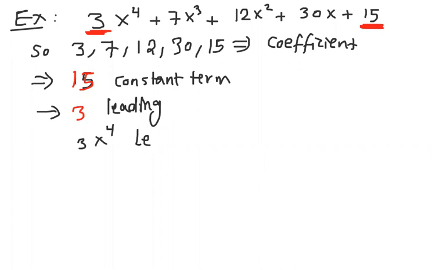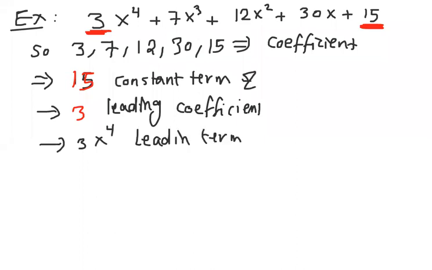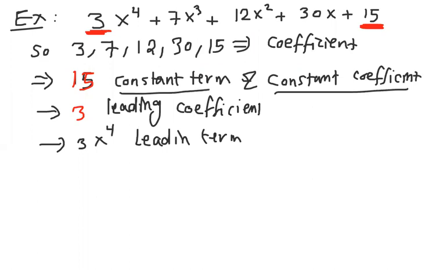The 15 is called the constant coefficient; it has two names, constant coefficient and constant term. The 3 is called the leading coefficient. 3x to the 4 is called the leading term. Any question? This is just the definition for the concepts.